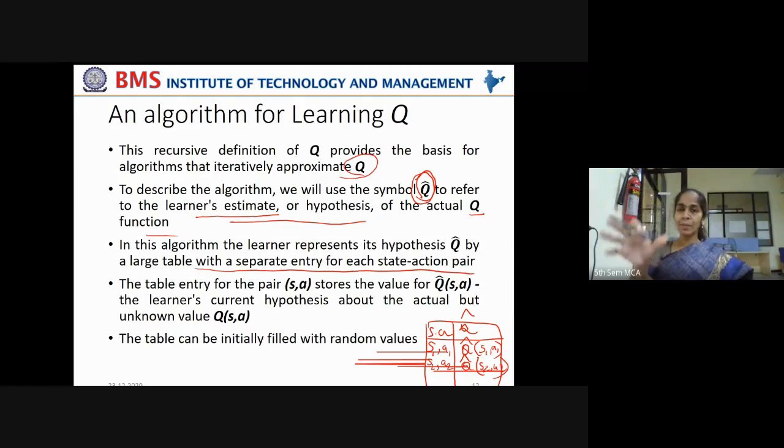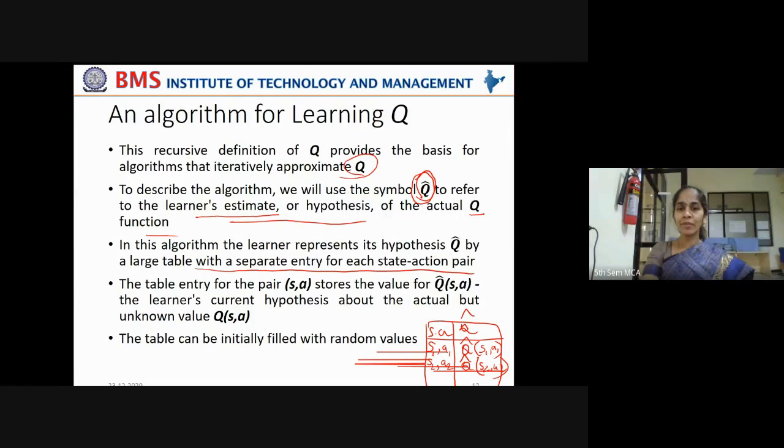So this table will provide a reference to the agent, to understand from which state, if it starts, what set of values it can accumulate. And what is its motive? Always to maximize the cumulative rewards. So it will select the best move from the current state by referring to this table.